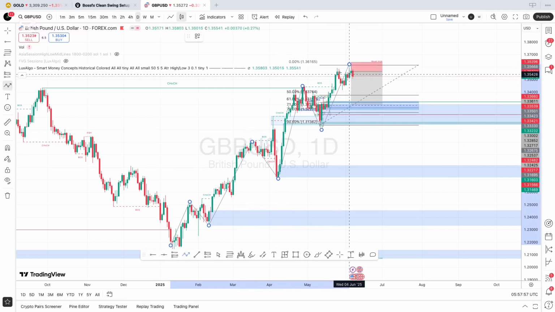Why? Price came all the way to this place, and at first actually closed at this place, 1.35634. Then it gave a short retracement, a short pullback.